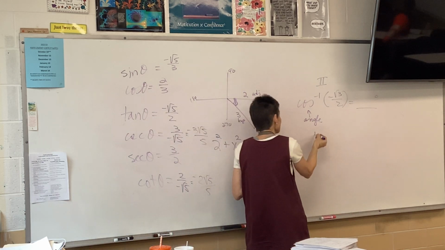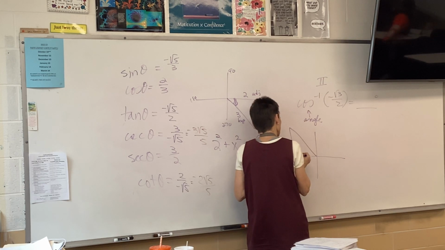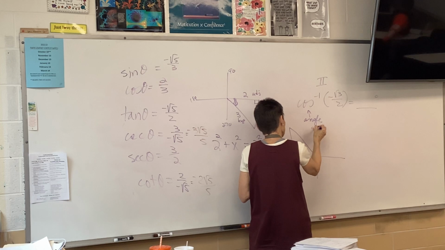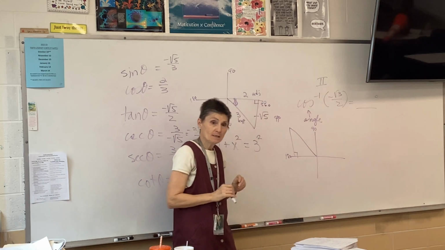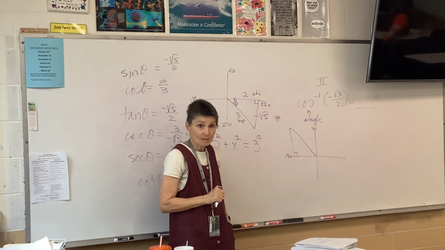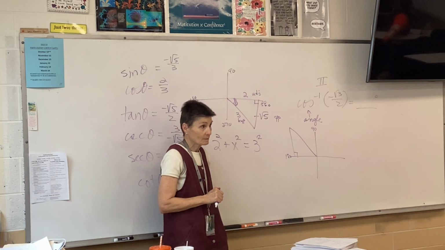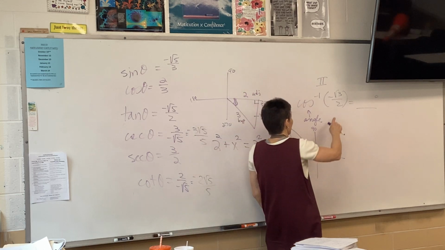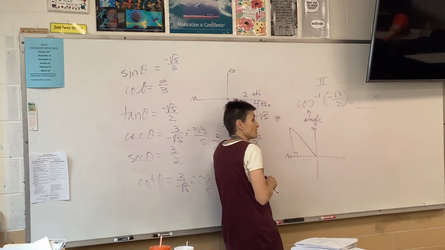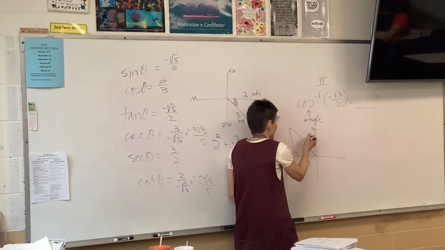Now, what does that mean about the answer that we put in the answer blank? It has to be bigger than 90, but less than 180, somewhere between 90 and 180. Would you agree with me? Right? Okay, so what do I know about my picture? I know the cosine, so that means adjacent and hypotenuse.